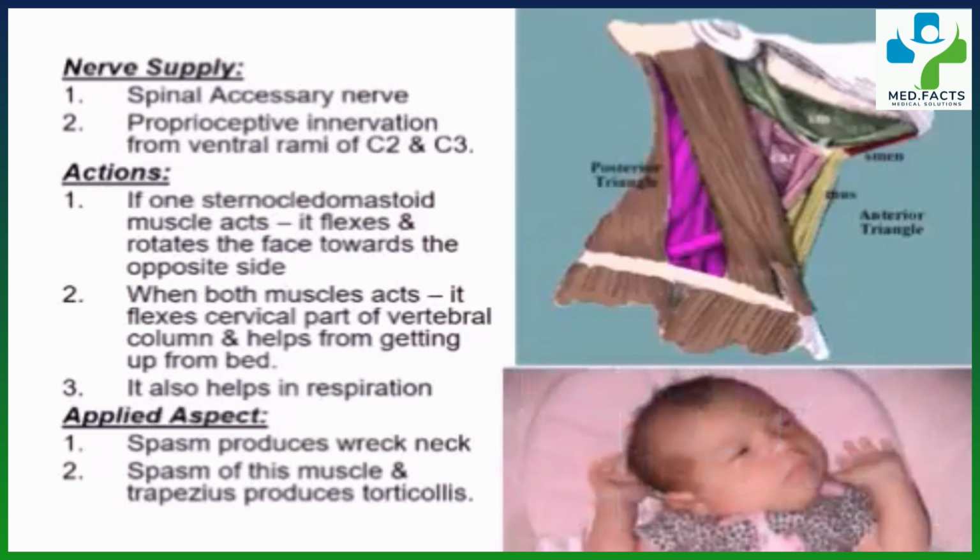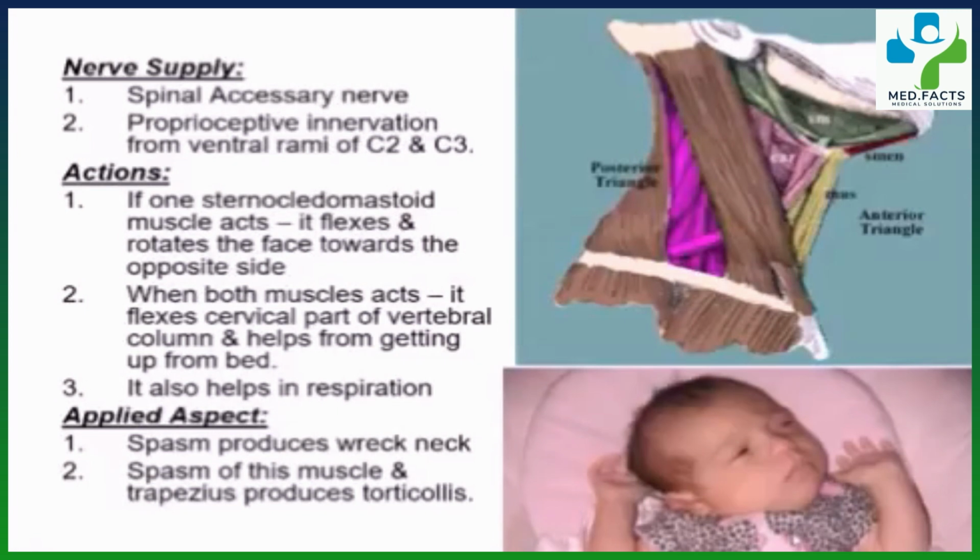So this is the picture where you can see that the spinal accessory nerve is damaged, which leads to torticollis, where the neck is turned towards the opposite side, and the neck is flexed to one side. So this is how it happens.